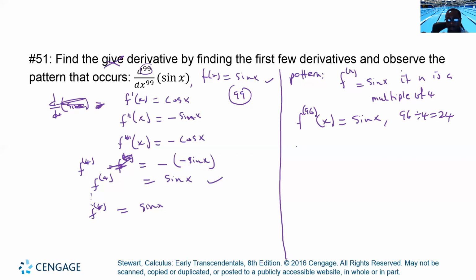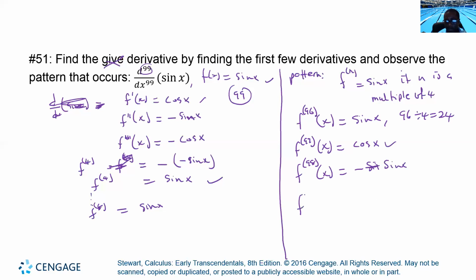So then what is f^(97) of the sine? That will be cosine, just like we did here. Then f^(98) of the function will be minus sine, because if you differentiate cosine, you get negative.